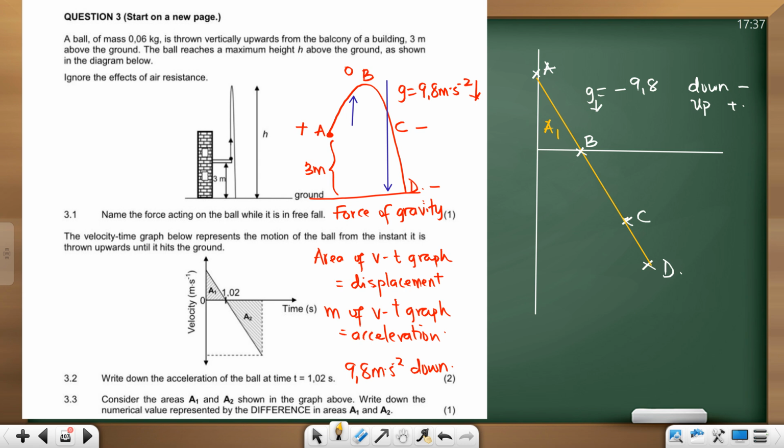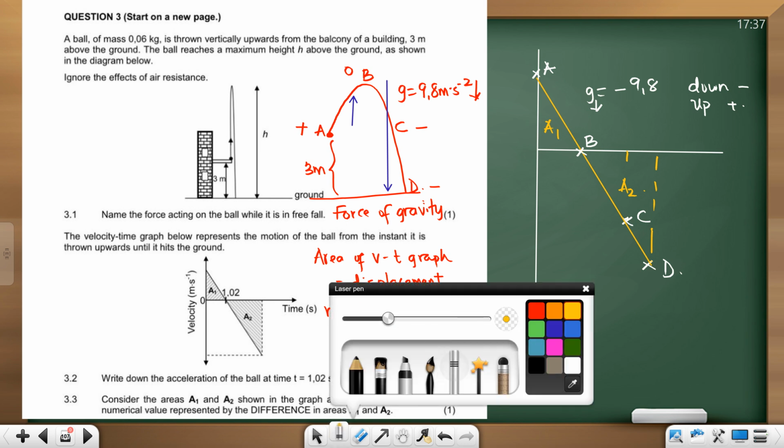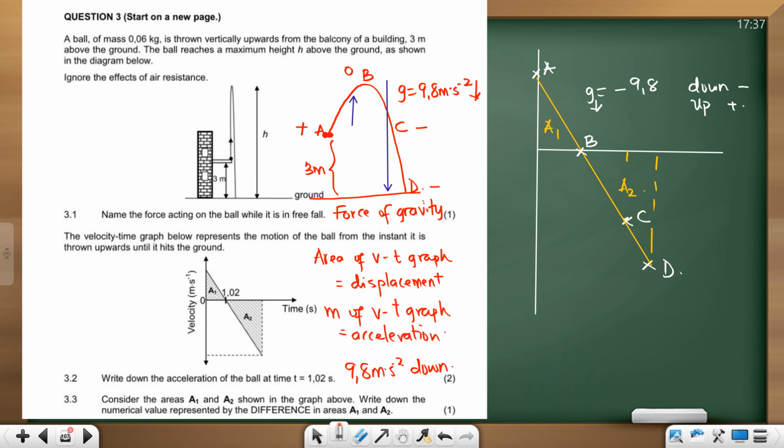And this is my A2. It makes sense. A1 is between A and B. A2 is between B and D. What's the difference between the two of them? Do you notice the difference is AD? And they said, write down the numerical value. My answer is 3 meters.